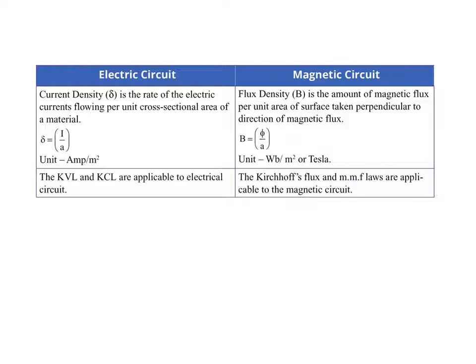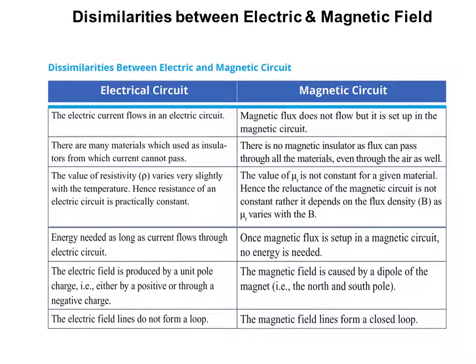Like in an electric circuit, you have current, voltage and resistance, whereas in a magnetic circuit, current is analogous to the flux, voltage or EMF is analogous to mmf, and resistance has analogy with the reluctance. There are a few dissimilarities between electric and magnetic field.